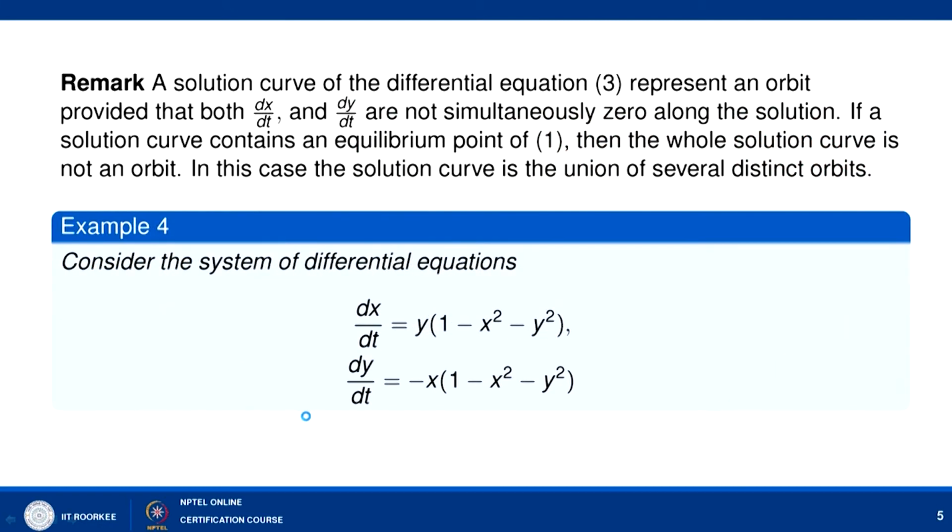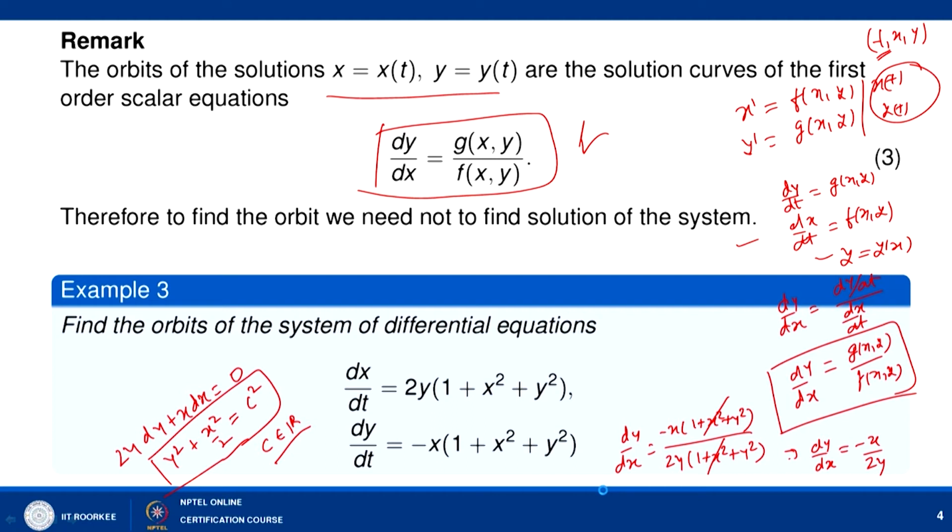Now, a very important thing to note is that a solution curve of the differential equation represents an orbit provided that both dx/dt and dy/dt are not simultaneously 0 along the solution. The expression dy/dx = g(x, y)/f(x, y) makes sense provided that f(x, y) is non-zero.